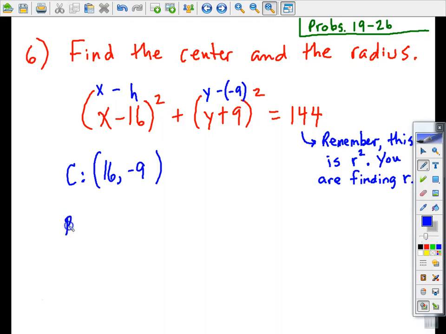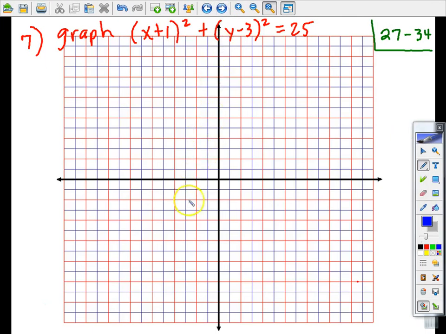The radius, well, remember when you're looking at the standard form, this is equal to r squared. Well, if I want to know what radius is, or just plain r, I need to find the square root of this number. And so the square root of 144 is 12. So that would be my answer to this example. The center is 16, -9, radius 12.